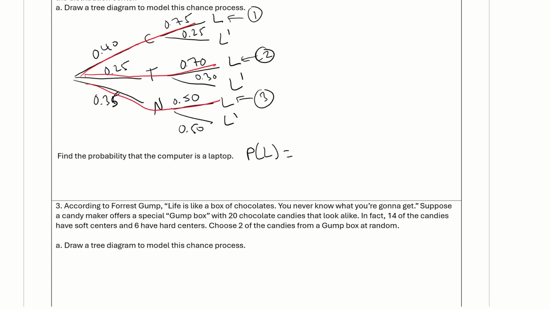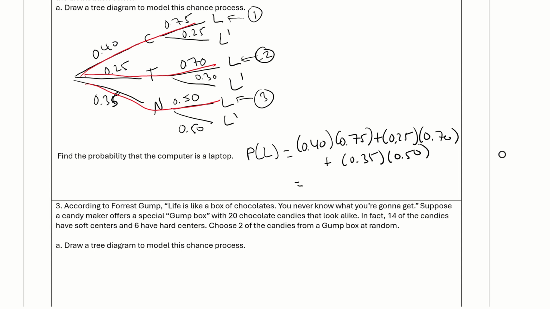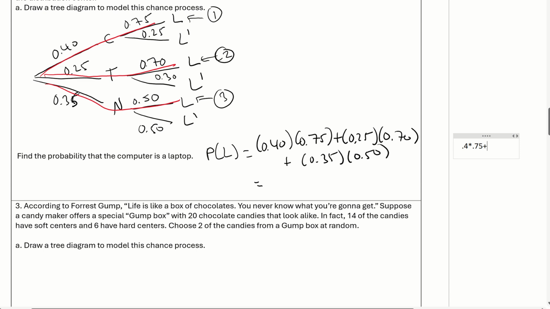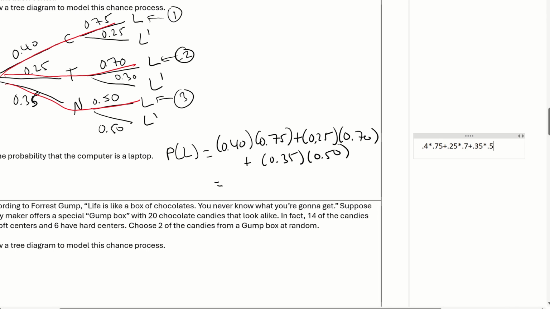So we're going to multiply those probabilities along those three red pathways. 0.40 times 0.75, 0.25 times 0.70, 0.35 times 0.50, and we add those together. Okay, so we have 0.65, so 65%.